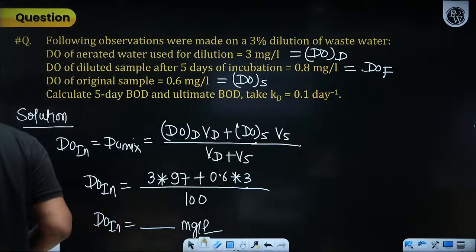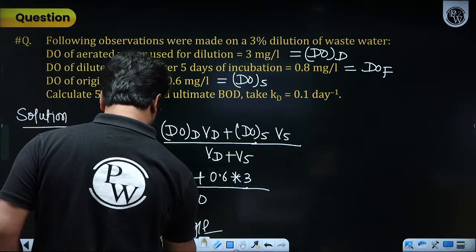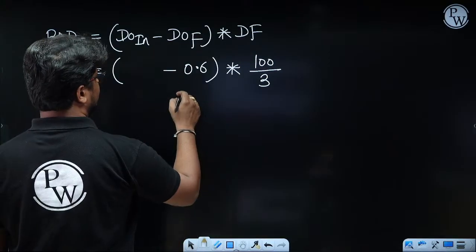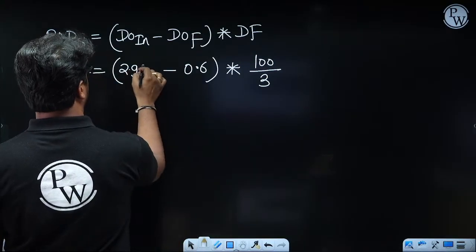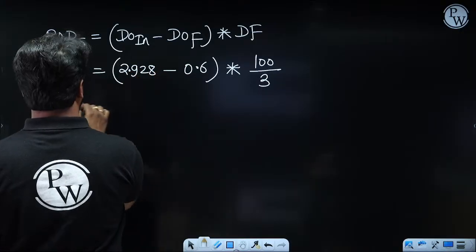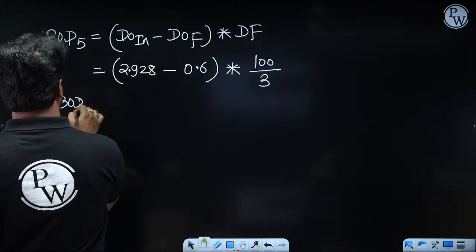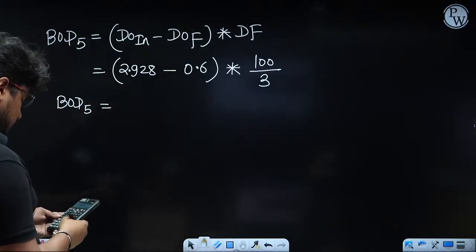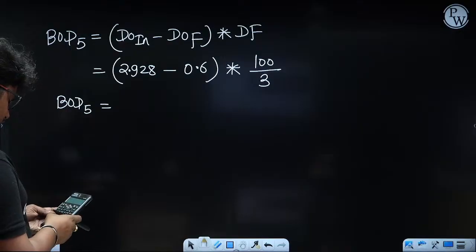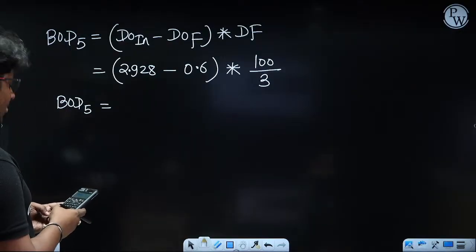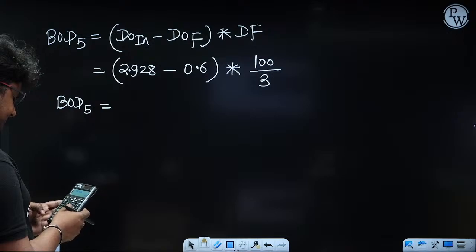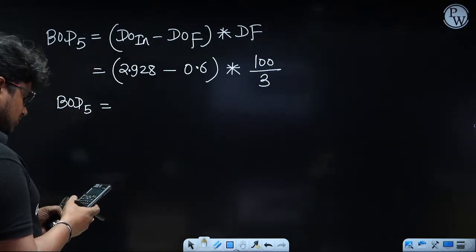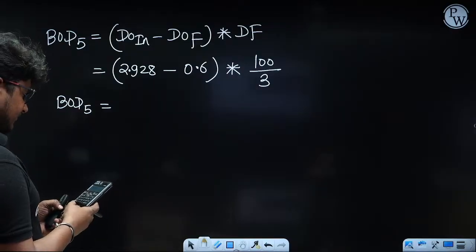I'm getting around 2.928. What will be the BOD 5 value? It is (2.928 minus 0.6) = 2.328, into 100 divided by 3.